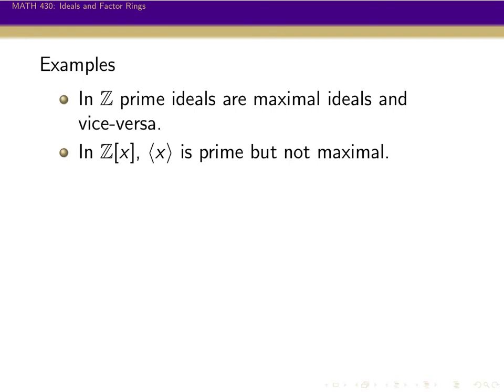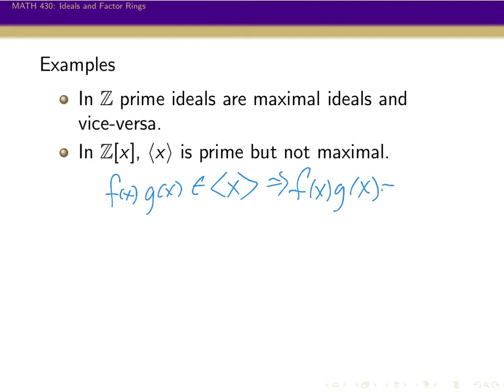If we look at the polynomials over the integers, the ideal generated by x is prime, right? If you have f of x times g of x inside the ideal generated by x, that means f of x times g of x has to equal h of x times x for some h of x.